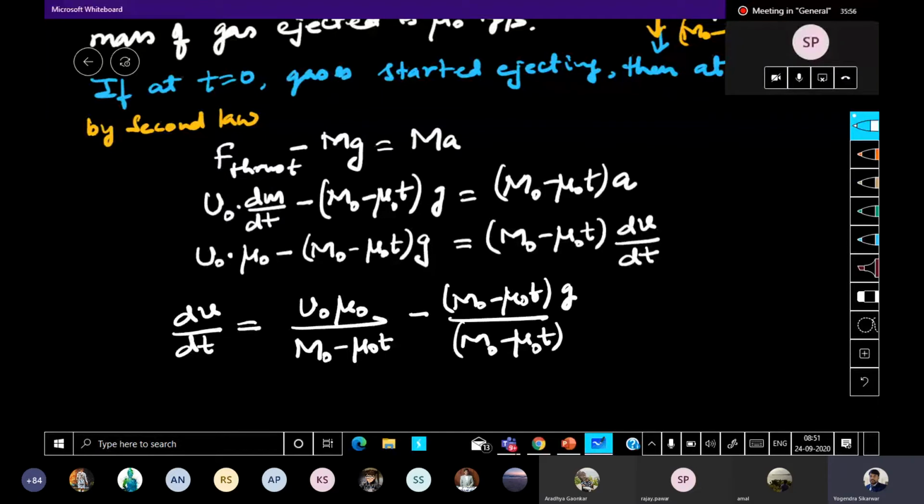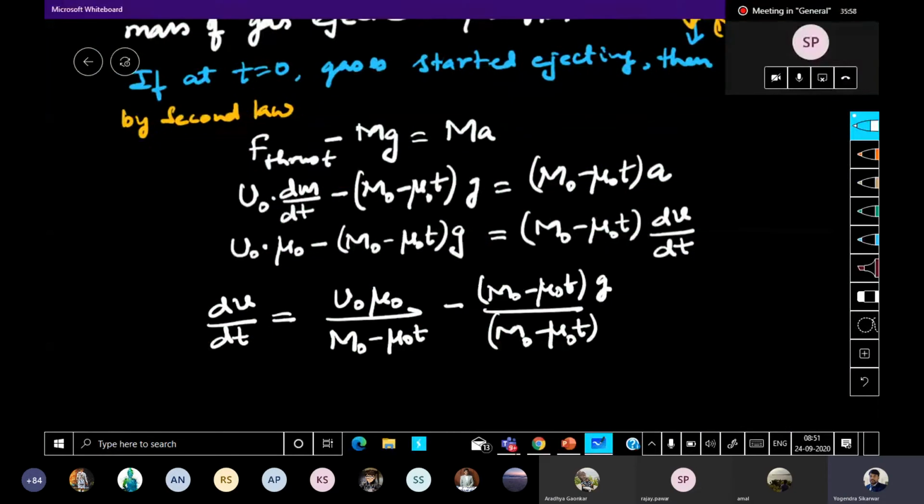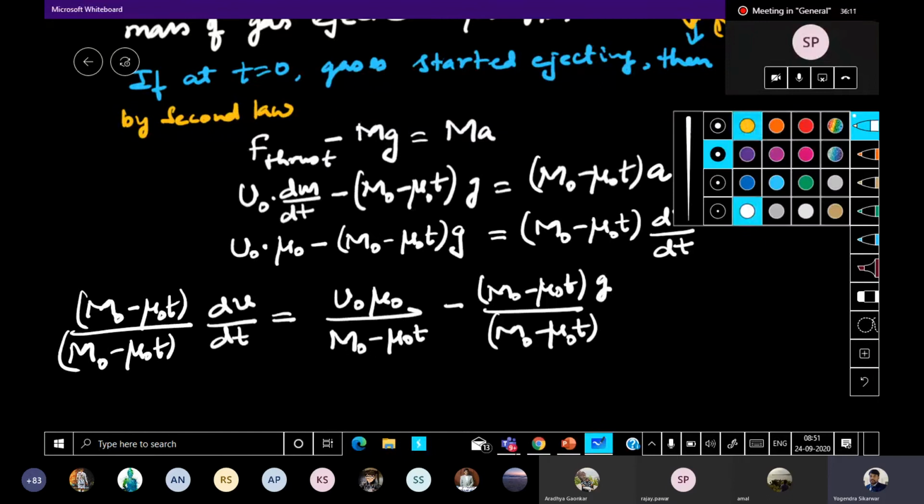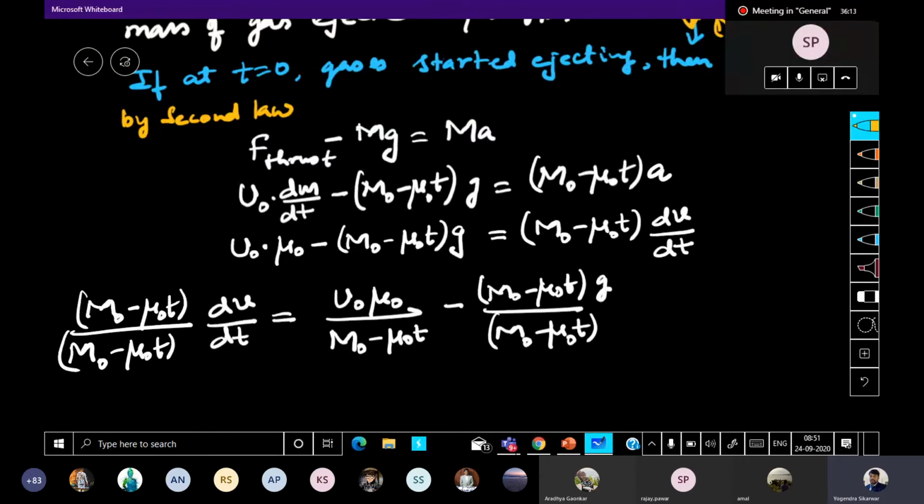Basically, I have divided both sides by m naught minus mu naught t. If you multiply or divide both sides by the same number, the value does not change. So this is going to cancel this.